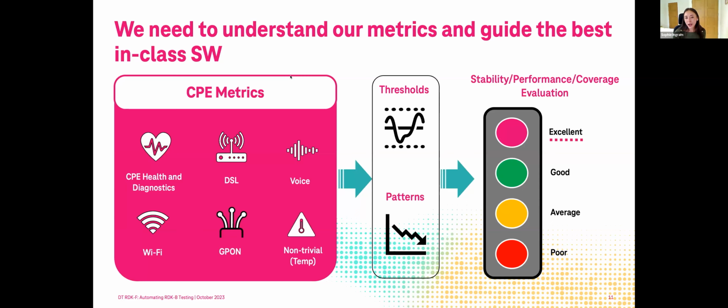So do we expect there to be a certain pattern throughout the CPE lifecycle? Do we expect that Wi-Fi will come up after X period of time? So we're also looking for those as well. And then finally, we define those thresholds into a kind of ranking. So excellent, good, average, and poor.